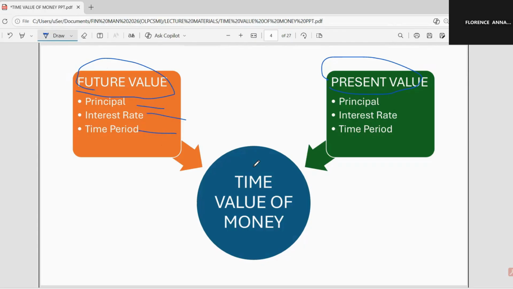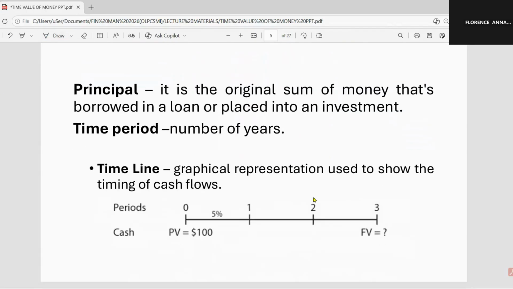When we say principal, it is the original sum of money that is borrowed in a loan or placed into an investment. So for time period, ito naman yung number of years.